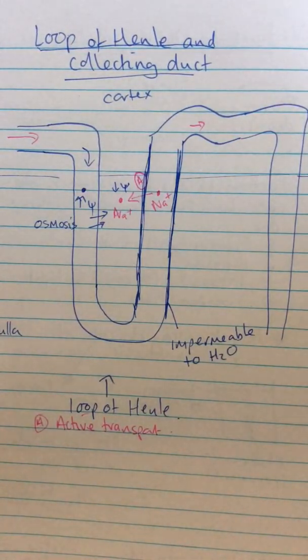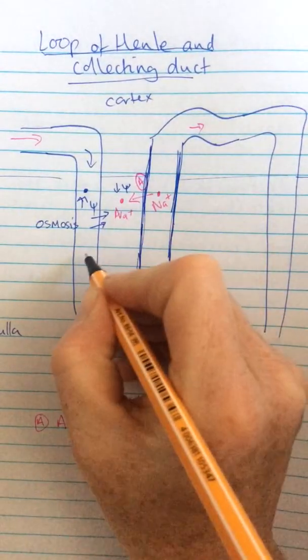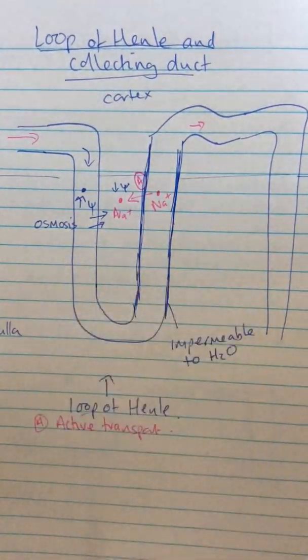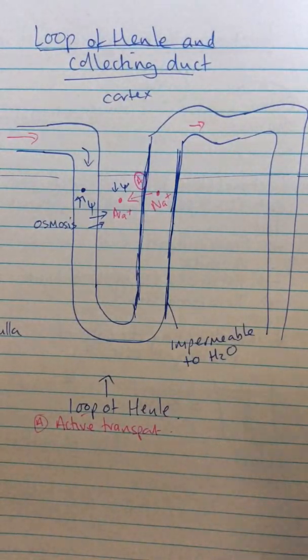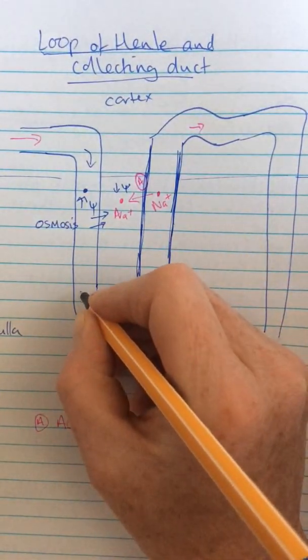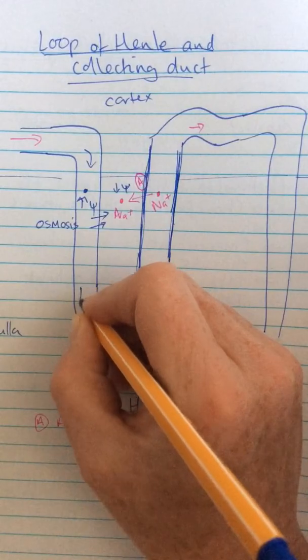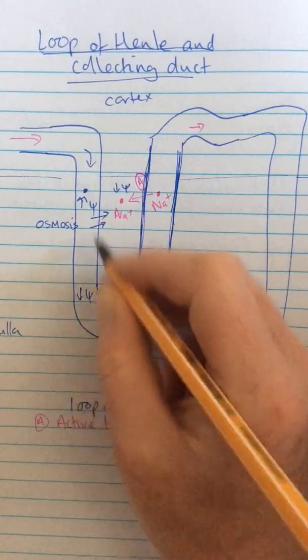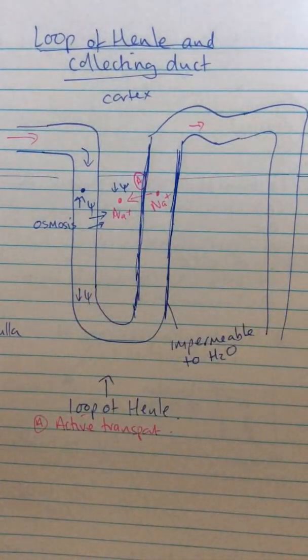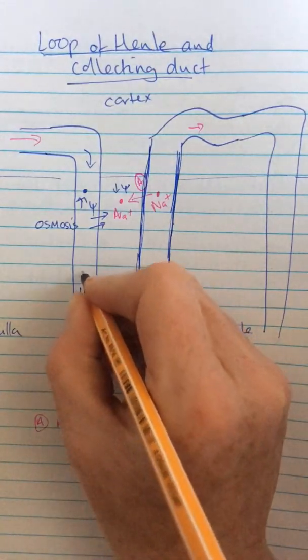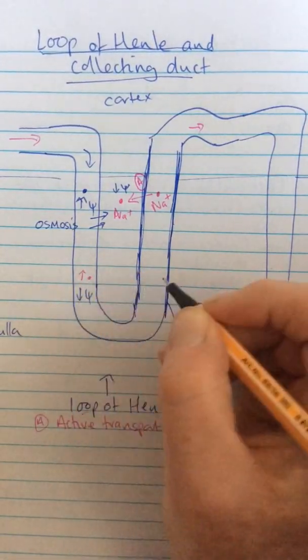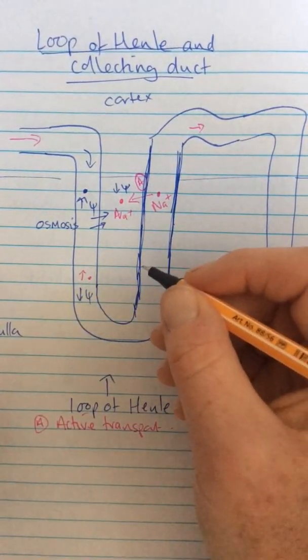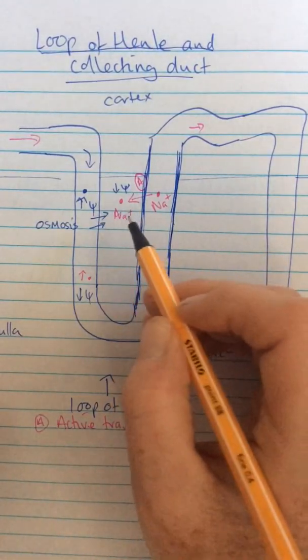That's great. And what that actually does is mean that if you think about it in terms of water potential, ultimately by the time we get to the bottom, there is a lower water potential than there was up here. And also there's going to be a higher solute concentration because lots of water is left.